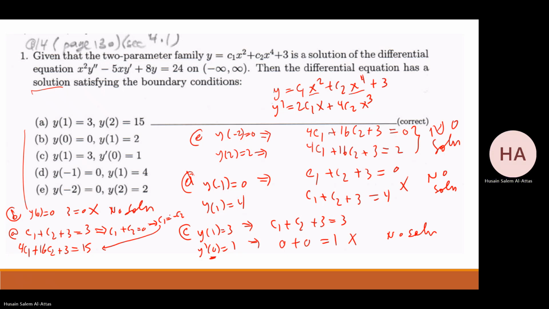Plugging it in, I have minus 4C2 plus 16C2, and 3 equals 12, so 12C2 equals 12. So C2 equals 1, and C1 equals minus 1. So I have a solution: y equals minus x squared plus x to the power 4 plus 3, which satisfies this.